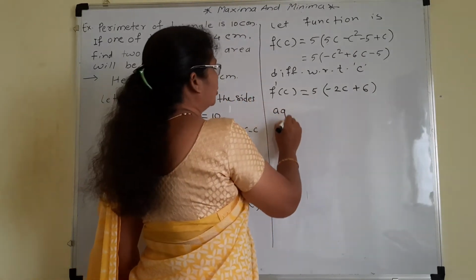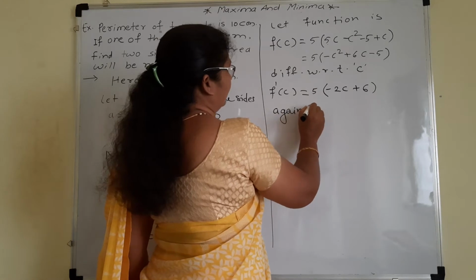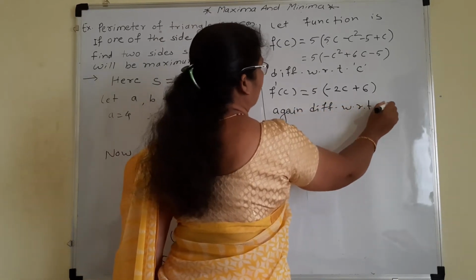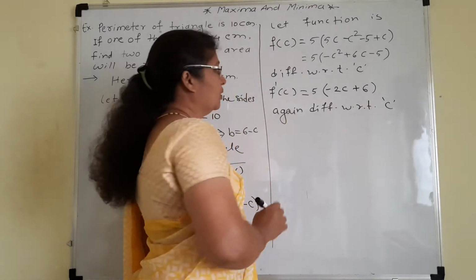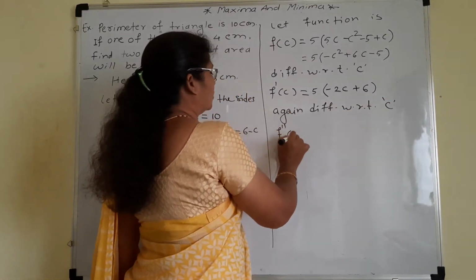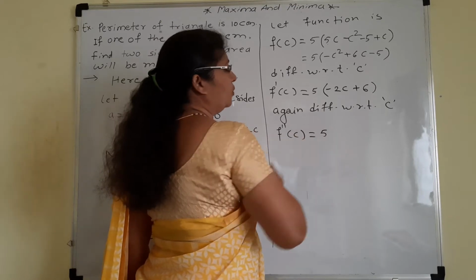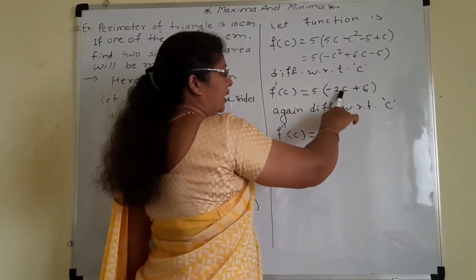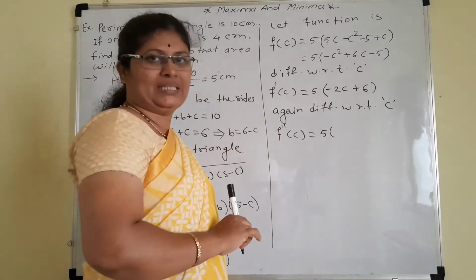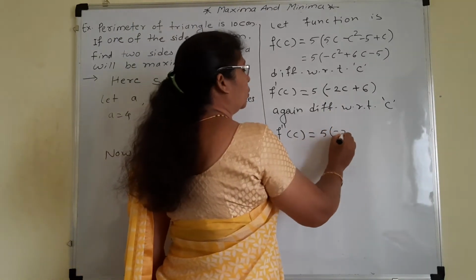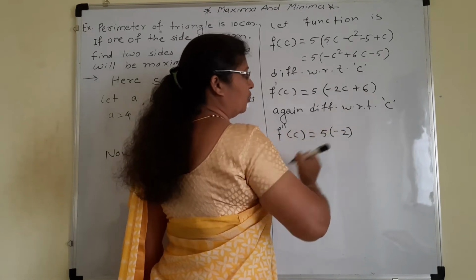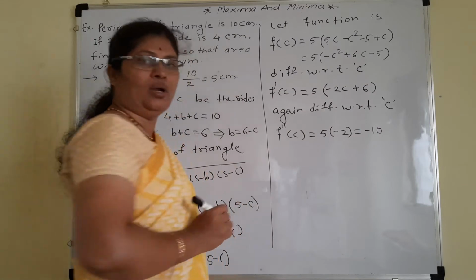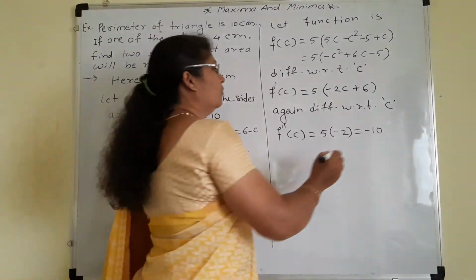And again differentiate this, not with respect to x, sorry, with respect to c. So this will be f double dash of c is equal to 5 times constant, the coefficient is there, into bracket, the derivative of minus 2 times c is nothing but minus 2. 6 is a constant, its derivative will be 0, and this value is equal to minus 10, which is already less than 0.